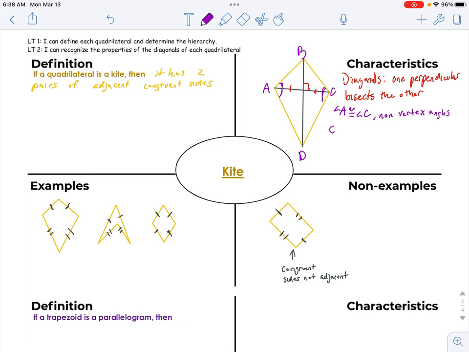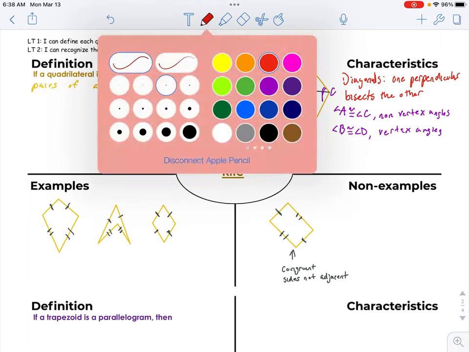Angle B is congruent to angle D, and those are the vertex angles. Okay, so the non-vertex angles come from the sides that are non-congruent. The vertex angles come from the sides that are congruent.